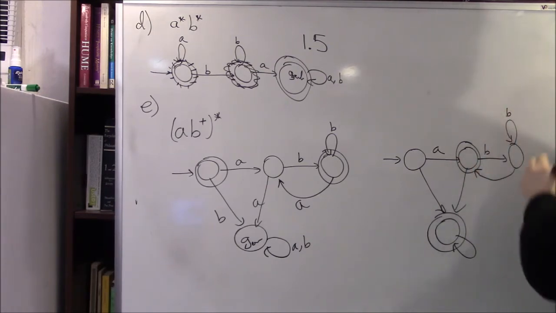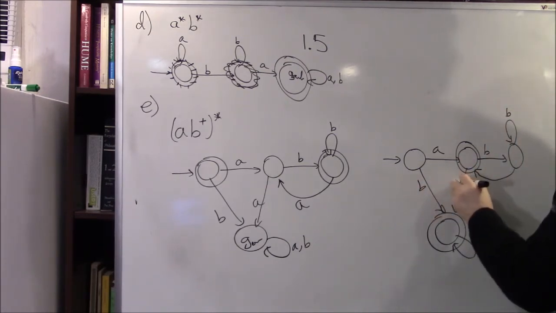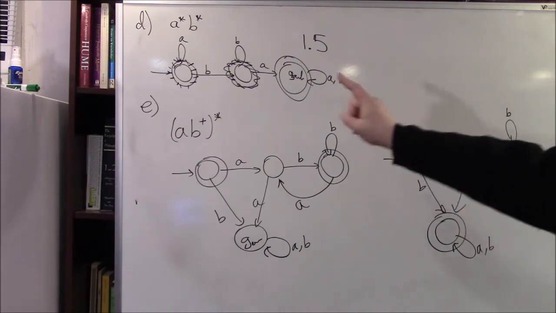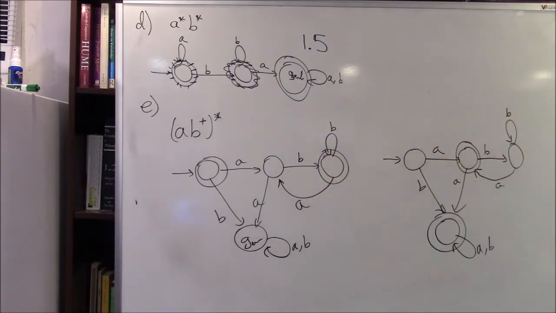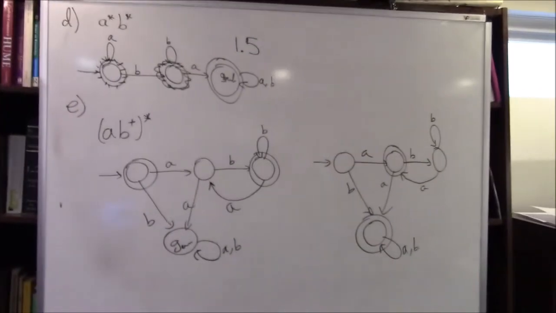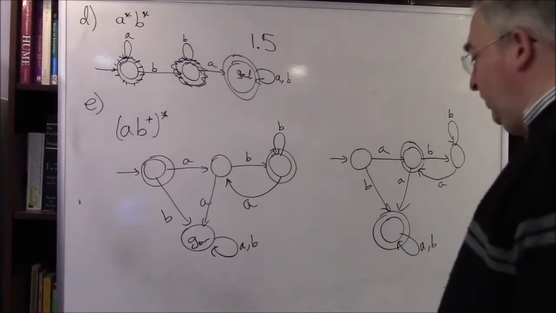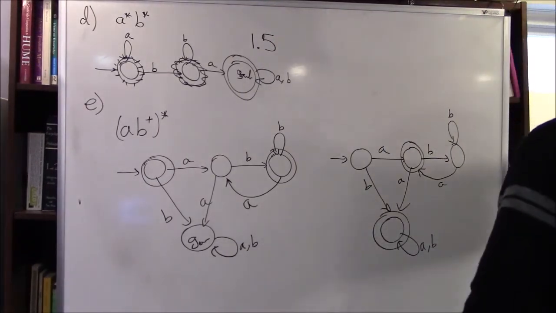So this is a B, this is a B, this is an A, this is an A. This is an A comma. That's it. I just swapped the acceptings for the non-acceptings, the non-acceptings for the acceptings. Okay, great. That takes care of that.